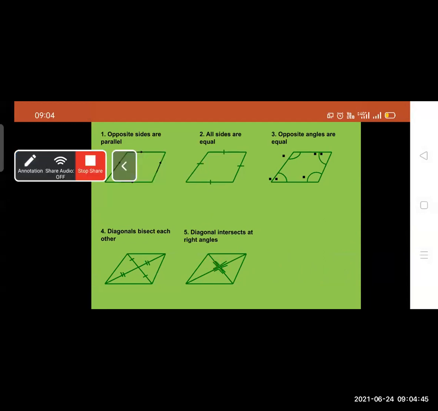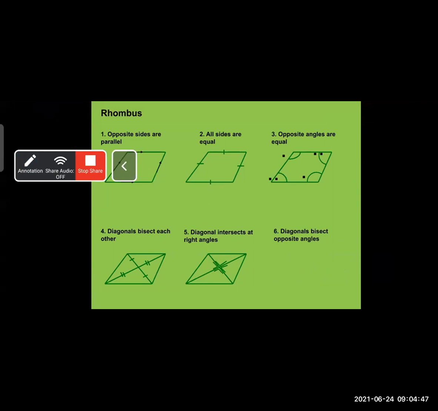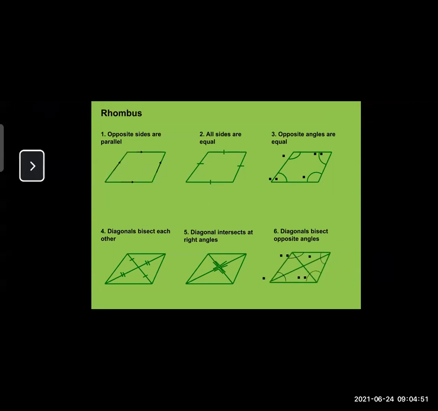Okay, now the last property, diagonals bisect opposite angles. See in the figure, they bisect opposite angles. When we draw a diagonal, opposite angles are joined, and the diagonal bisects those angles. So these are the properties of 2D shapes of a quadrilateral.